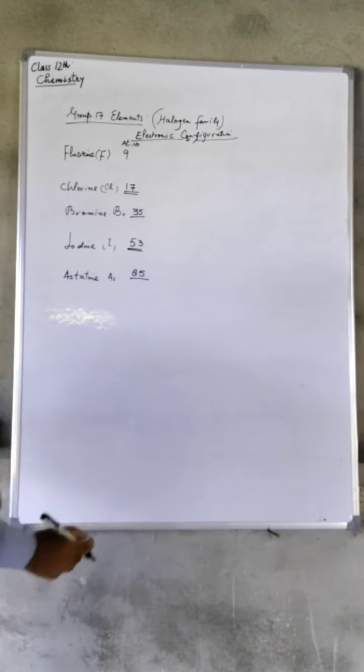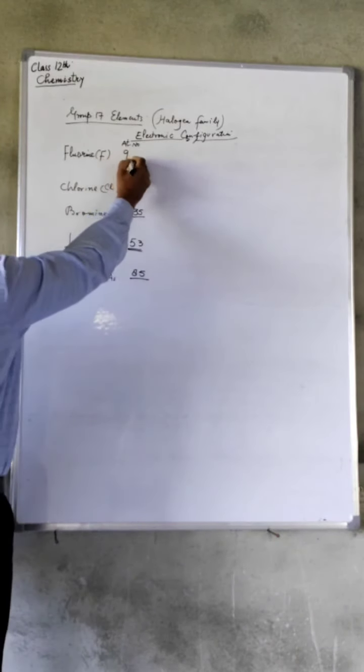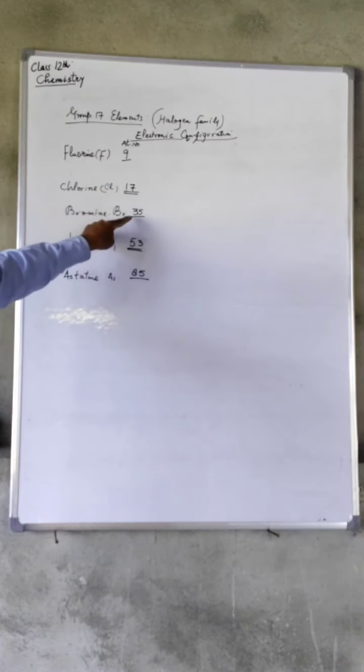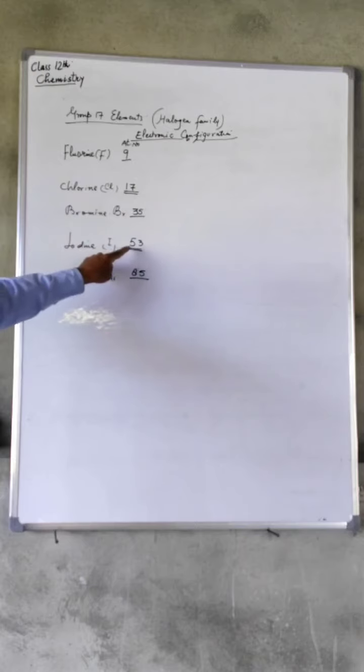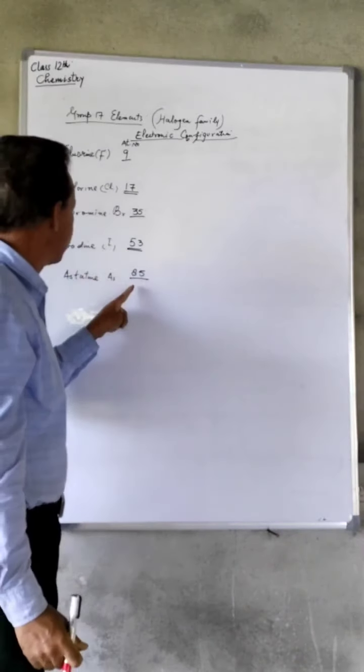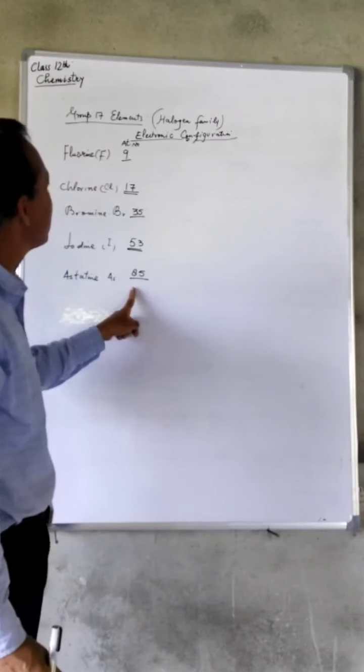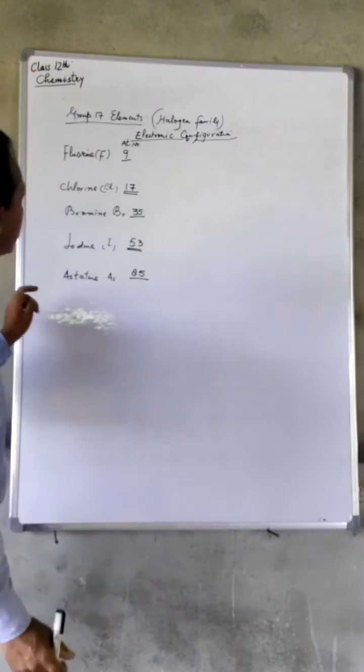So the atomic number of fluorine is 9, chlorine is 17, bromine is 35, iodine is 53, and astatine is 85. Now we will write their electronic configuration.